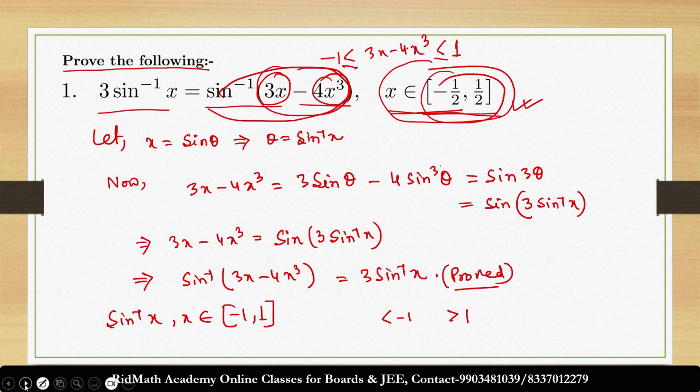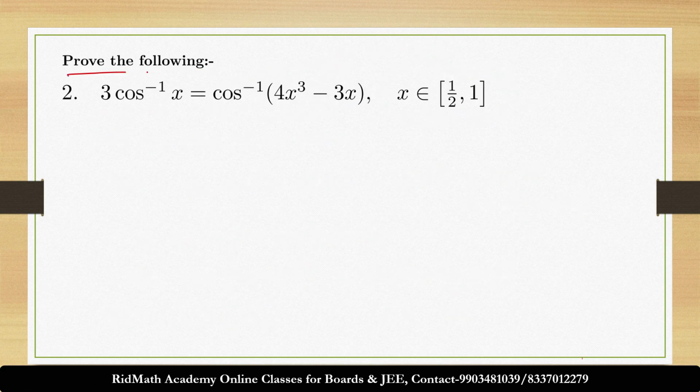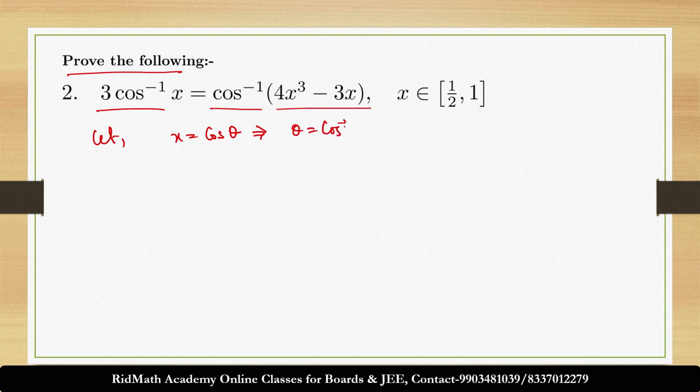Hope you understand that. Now prove the following: 3 cos inverse x equal to cos inverse 4x cube minus 3x. Here also we will let x equal to cos theta, that means theta equal to cos inverse x. Okay, so let us put x in this argument.